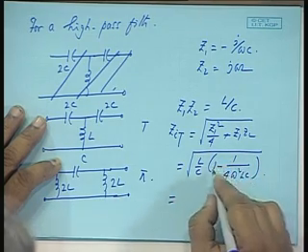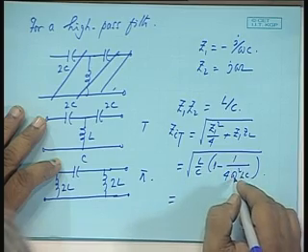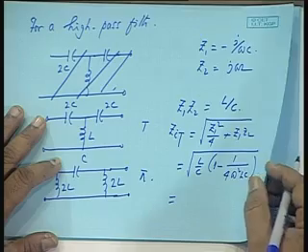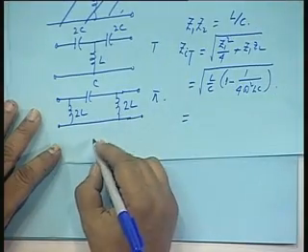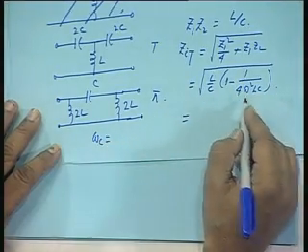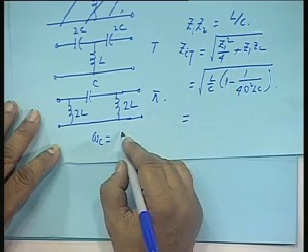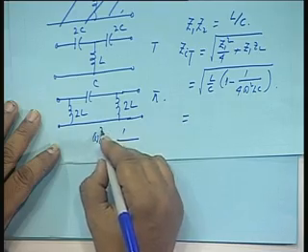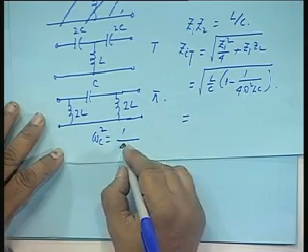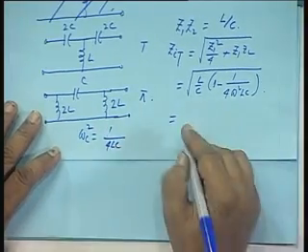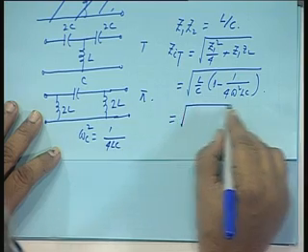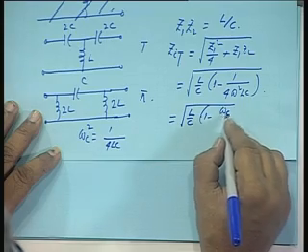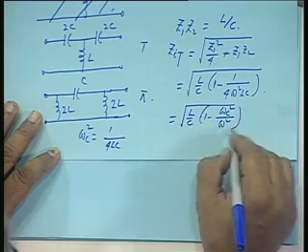Once again, when this becomes 0, that is at the critical frequency, we get omega C as that frequency, which will make this 0. So, omega C squared will be 1 by 4 LC. If I substitute this here, it will be root over of L by C into 1 minus omega C squared by omega squared. Agreed?